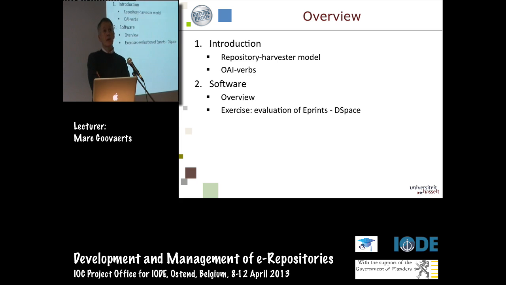So, in a way, the two most important things of a repository are, on the one side, that it can be submitted, and that it is submitted in a good way with rich metadata. That's something I think is very important, which is sometimes overlooked by the repository community.